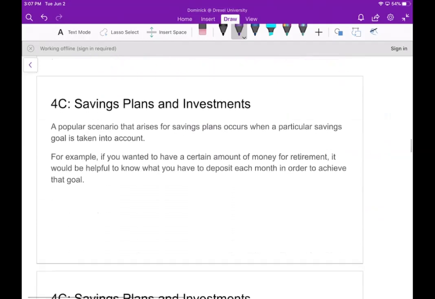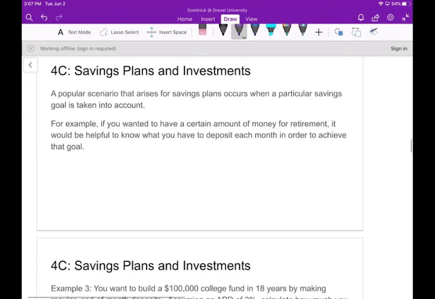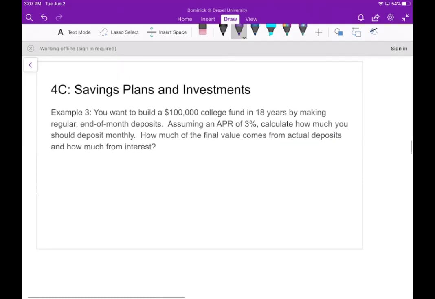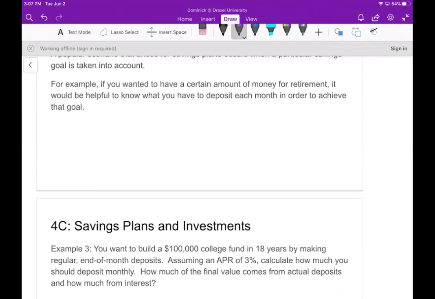Okay. So for example, a popular scenario that arises for savings plans occurs when a particular savings goal is taken into account. So for example, you want to end up with X amount of money in the future, right? So for example, if you wanted to have a certain amount of money in order to retire, it would be helpful to know what you would have to deposit each month in order to get there, right? So what we're going to do is essentially use the same formula.